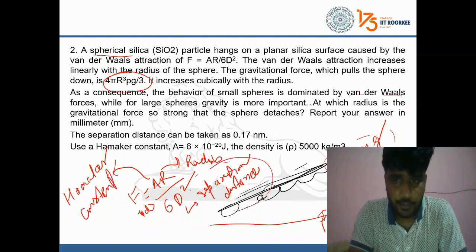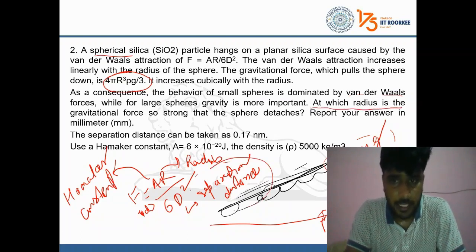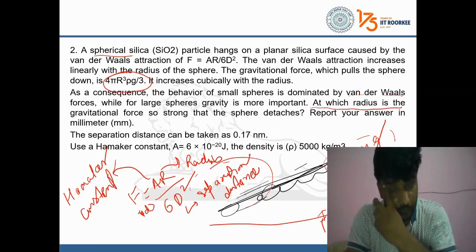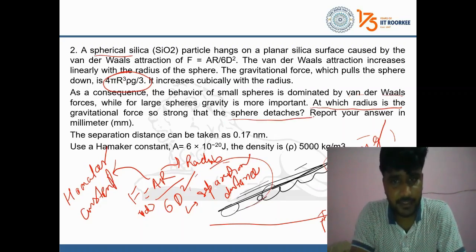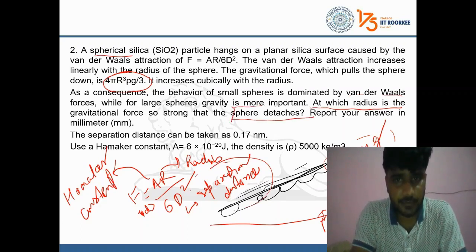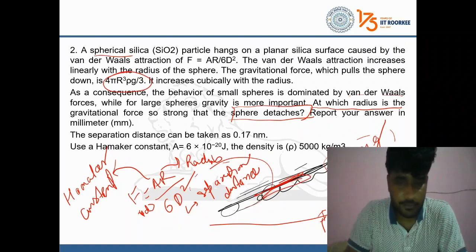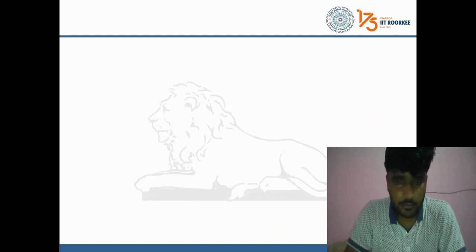In the question, we are asked at which radius the gravitational force is so strong that the sphere detaches. Detaching means there is no interaction between the surface and the silica particles. You have to report your answers in millimeters. These are the values. Now I go to the solution.